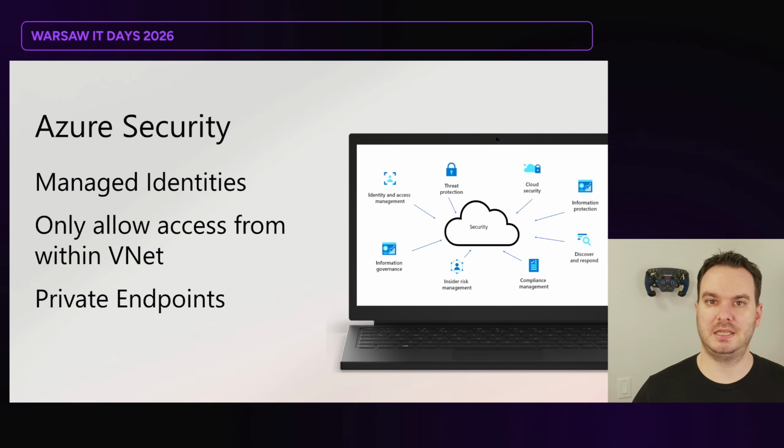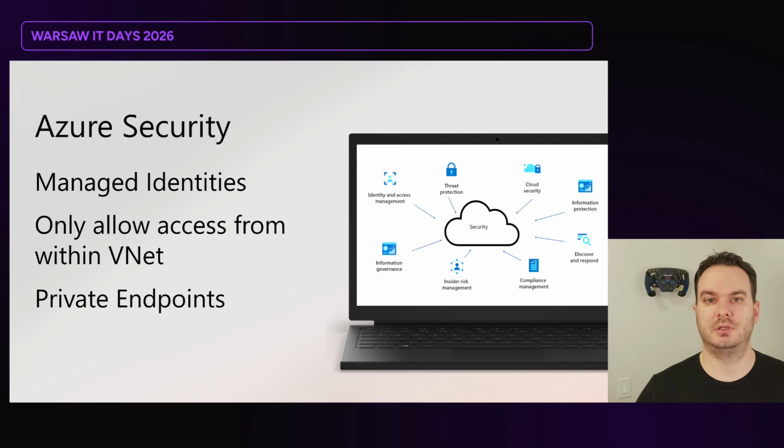For example, for my key vault, I can create a private endpoint, and with this private endpoint, the key vault will be attached to my VNET. So this is basically adding a network card to my key vault and attaching it to my VNET. Therefore, the key vault gets a private IP address from my VNET, and I can only access it from within the VNET.